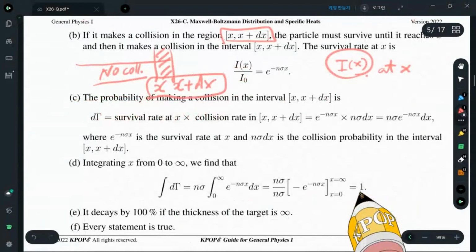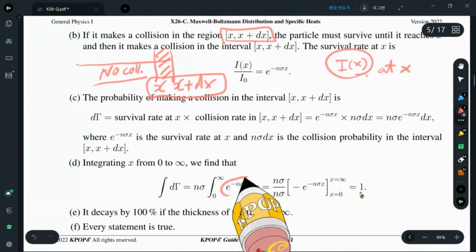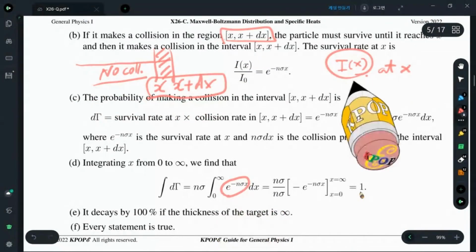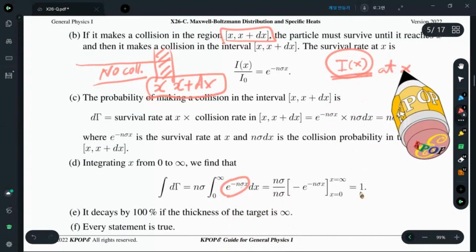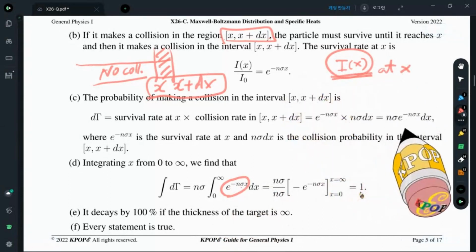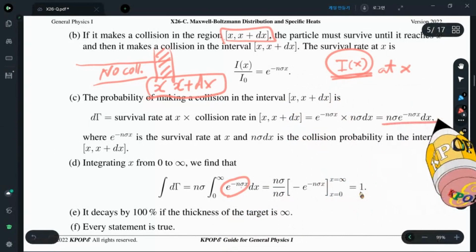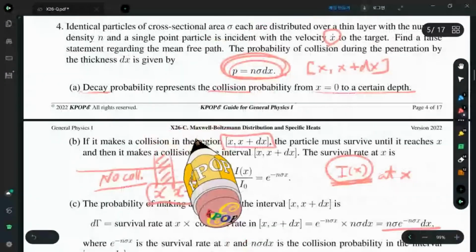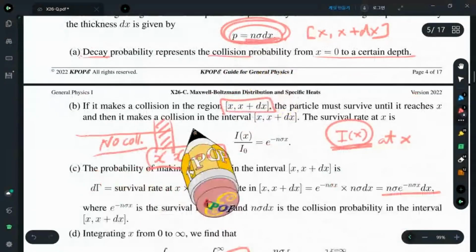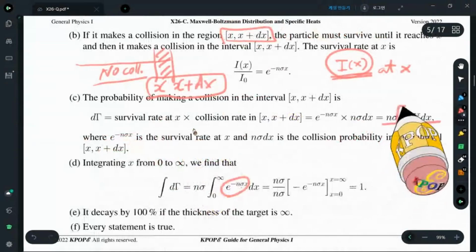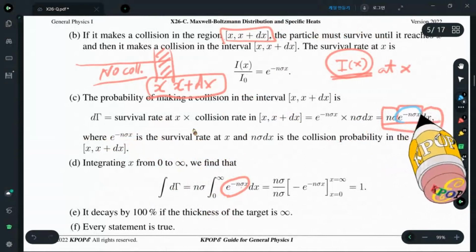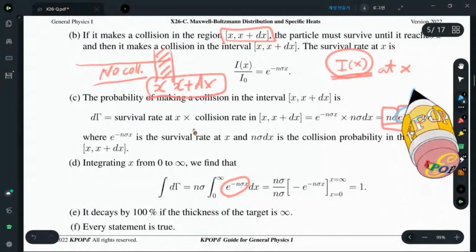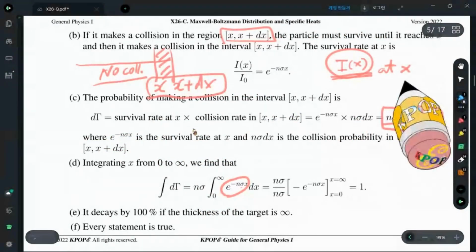So what we have to do is take the original probability of survival and multiply it by the collision probability. This is the collision probability, and this is the survival probability by x.